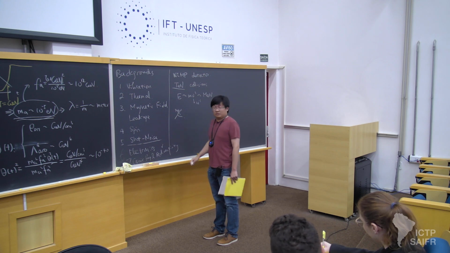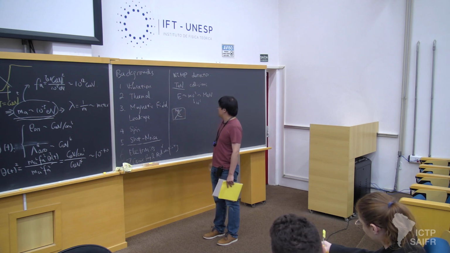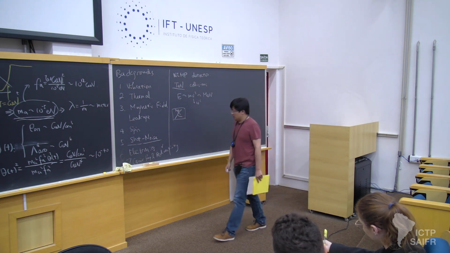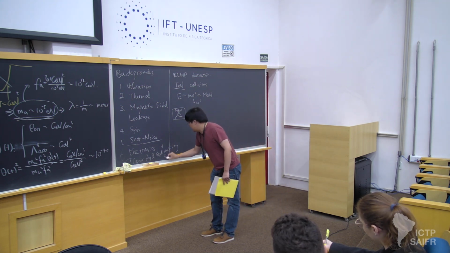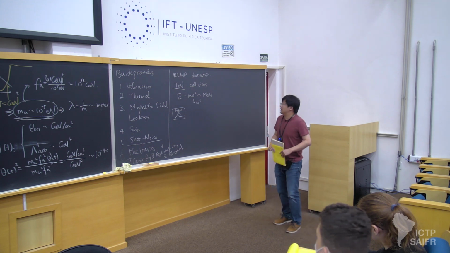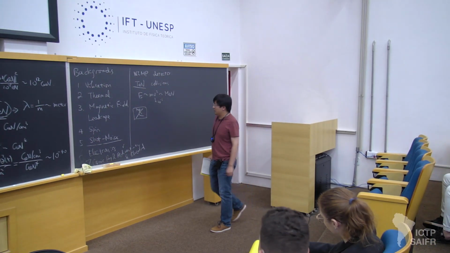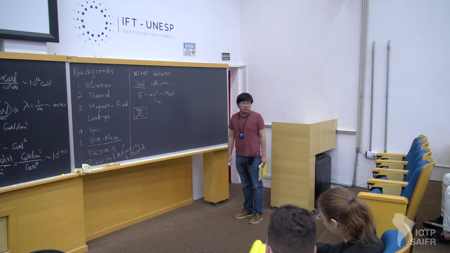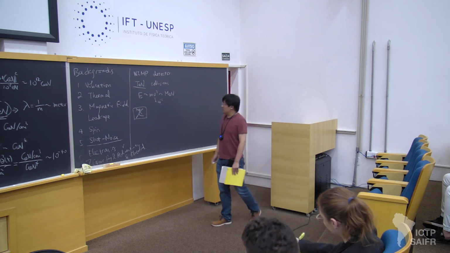So what is good? What type of material should I use to look for a WIMP? Maybe also chemical. In order to understand what type of material I should be using, let's see how a WIMP deposits energy.